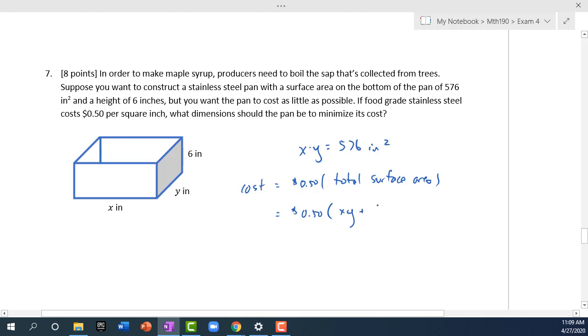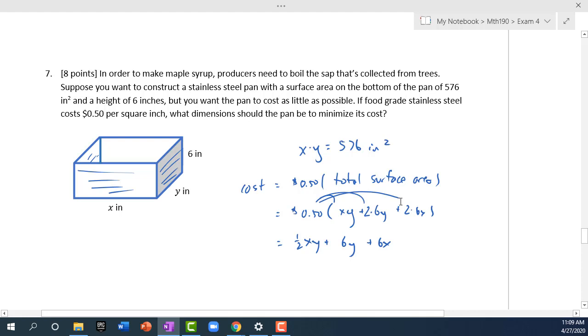The top is open. We have 6 times y, but 2 of those for this side and the other side. And then we have 6 times x, but then 2 of those as well. So it looks like our cost is, I'm going to just call it 1/2 xy, and then 6y and 6x after we distribute the 1/2 here.